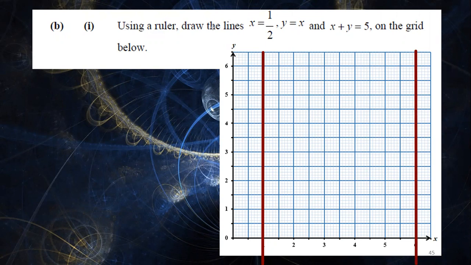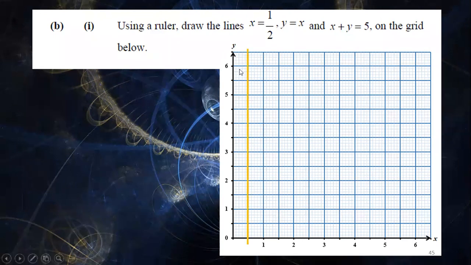So where is x equals 1/2? It is somewhere between 0 and 1, in fact exactly between 0 and 1. So x equals 1/2 is going to be a vertical line passing through the x graduation of 1/2. It is not a horizontal line, but rather a vertical line. Why? Because every point on this line has an x coordinate of 1/2. That will help you locate the x equals 1/2 line.